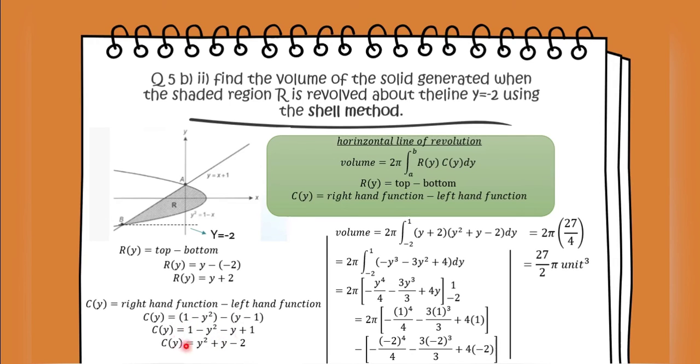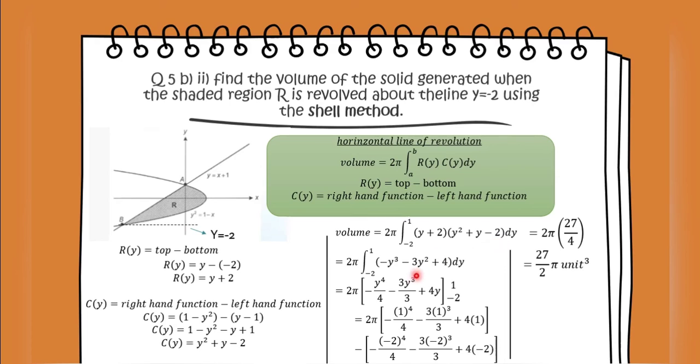And then just solve this equal to 0, and then you will get the equation of c(y). And then according to the formula, 2 pi integrate from negative 2 to 1 of r(y) c(y) dy: r(y) is y plus 2 and c(y) is negative y squared plus y plus 2.